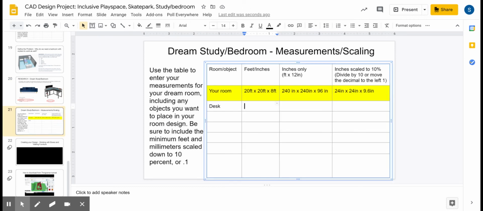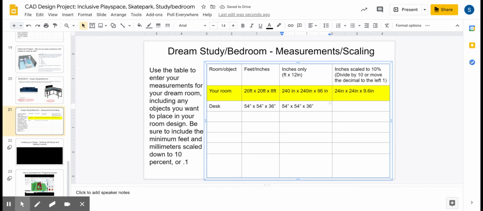So this is going to be 54 inches by 54 inches by 36 inches. Now, since it's already in inches, we don't have to convert it from feet to inches, so we can just copy and paste this over in the next column.